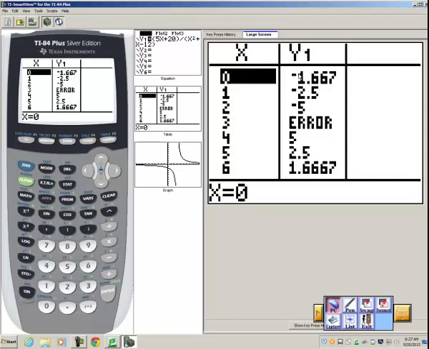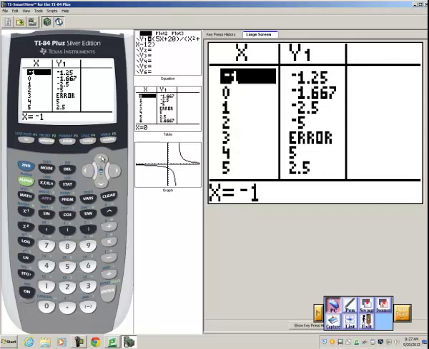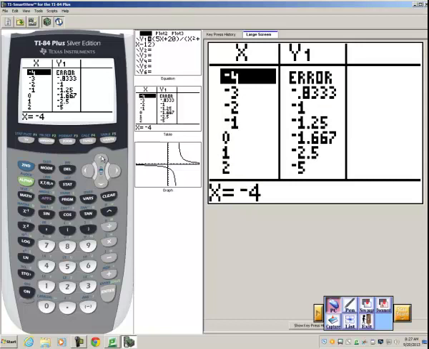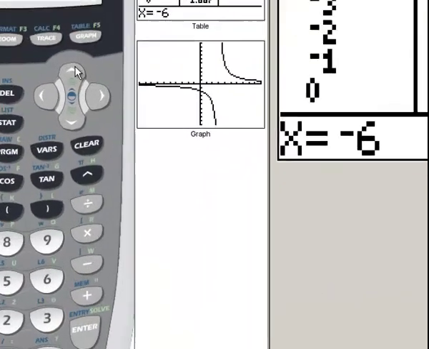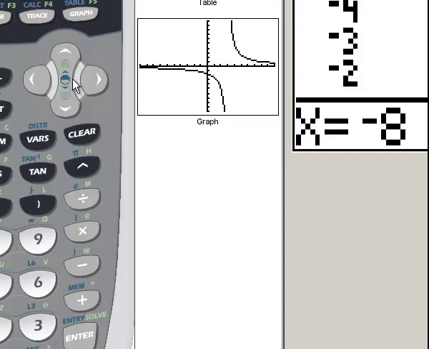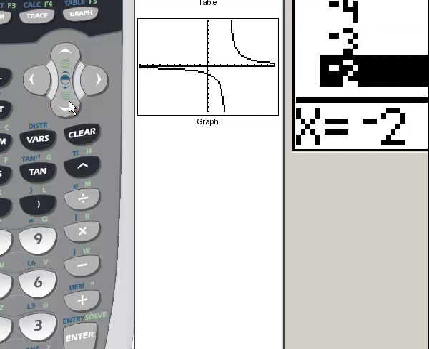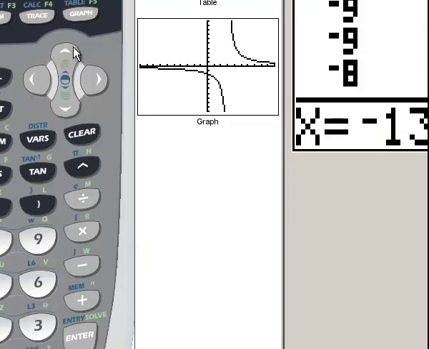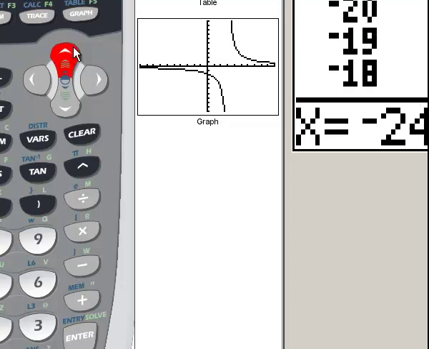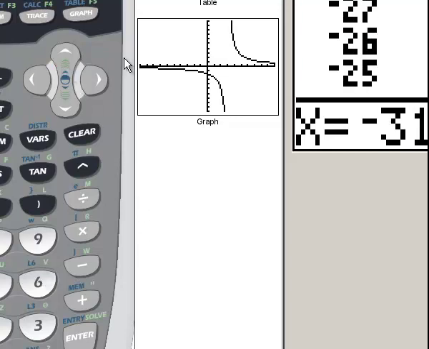To the left of that, as it gets smaller, it goes negative 5, negative 2.5, negative 1. As we get closer to negative 4, it actually stays a little bit below. It doesn't actually go through 0. It keeps going closer and closer and stays negative, because our asymptote is at y equals 0.